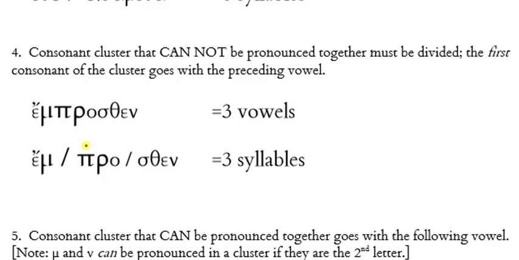So you get a word like this, and you may say, well, I certainly cannot pronounce this mu, p, rho together, but maybe a Greekster could. Can anybody pronounce that? Don't pronounce the vowel, just try to pronounce the consonant cluster. And I'll give you the omicron.